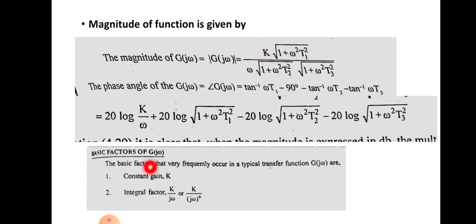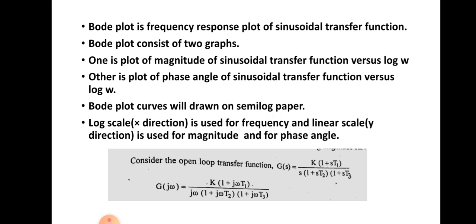And here in the case of g of j omega, the basic factors are, first, constant gain k, and next, the integral factor k by j omega or k by j omega whole raised to n. Here there is a term k by j omega, so this represents the integral term. k by j omega is obtained from k by s.